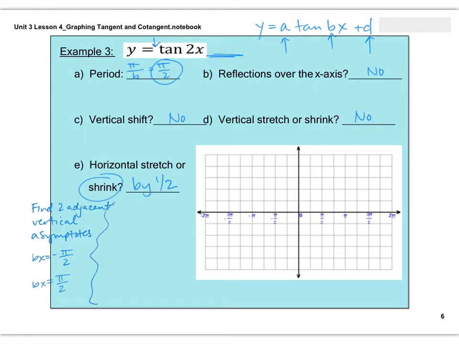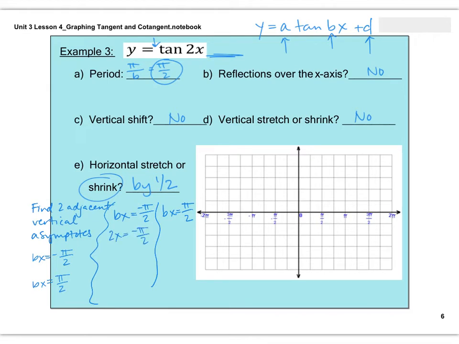So what you have to do is think, all right, use this little formula: bx equals negative pi over 2 and bx equals positive pi over 2, because negative pi over 2 and positive pi over 2 are where they normally go. Now plug in your b. So we have a 2. So it's going to affect where these go.